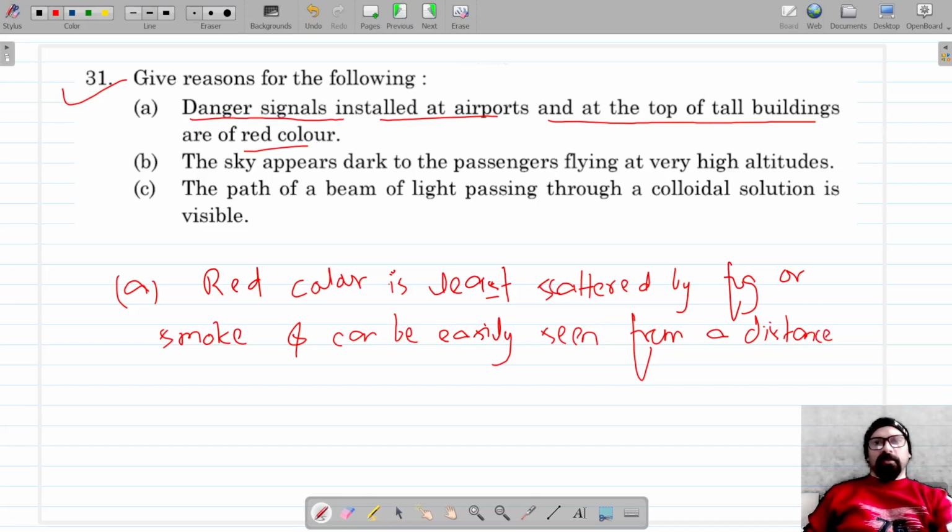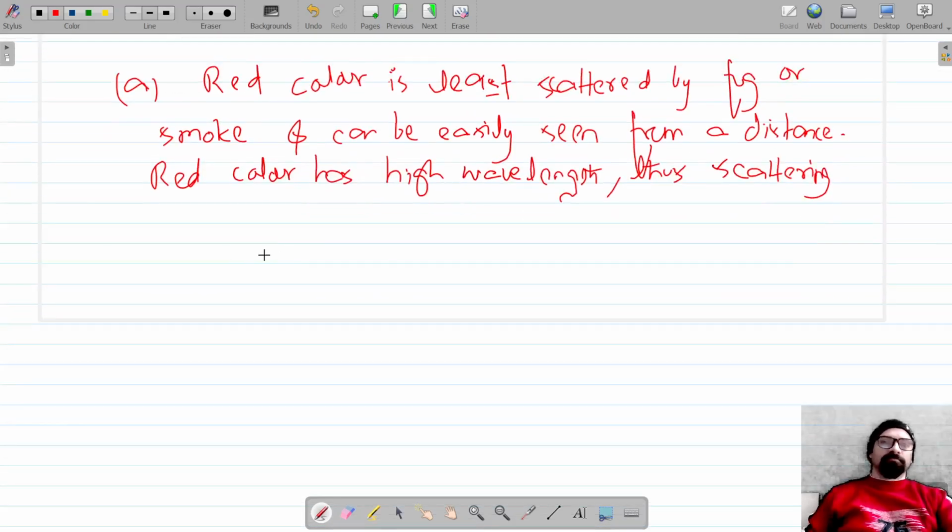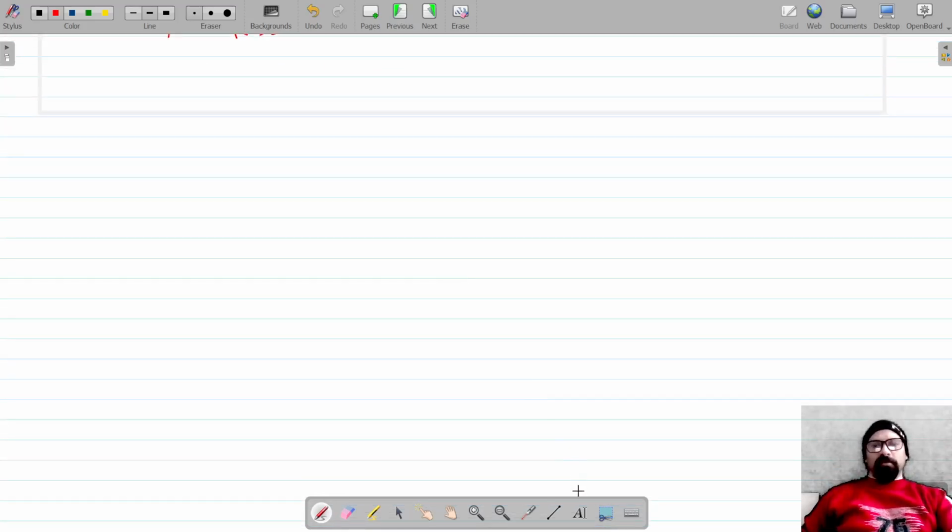Now, we can also write that the red color has high wavelength and therefore scattering is less. I will explain how.